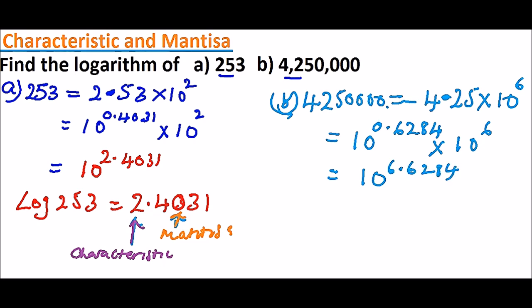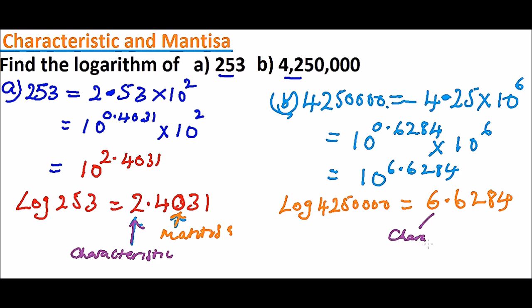So from here, we can now get the logarithm of this number. The logarithm of 4,250,000 is equals to 6.6284. So again, this is the characteristic, and this is the mantissa.